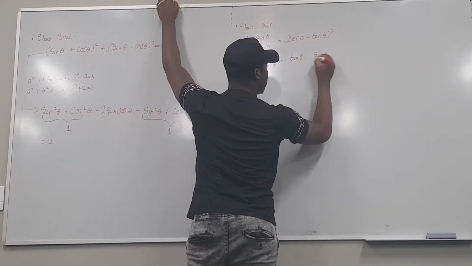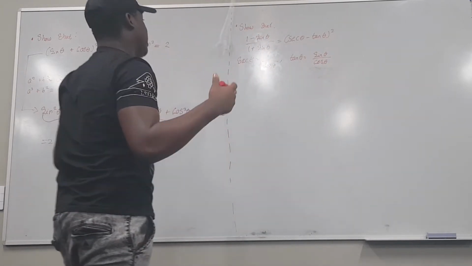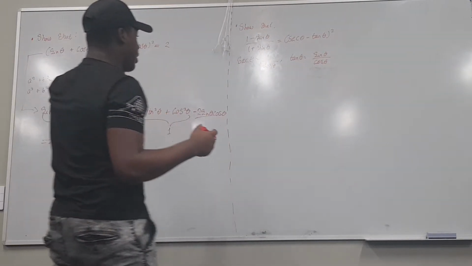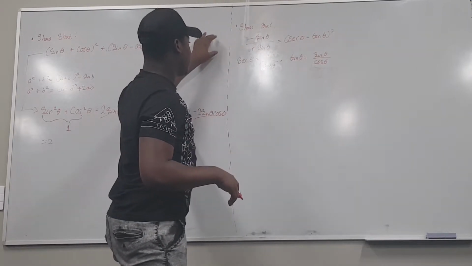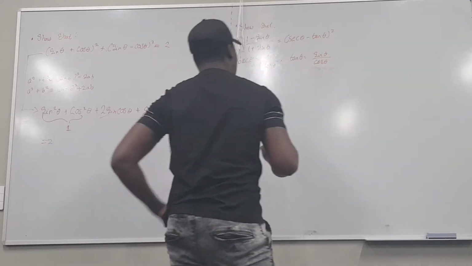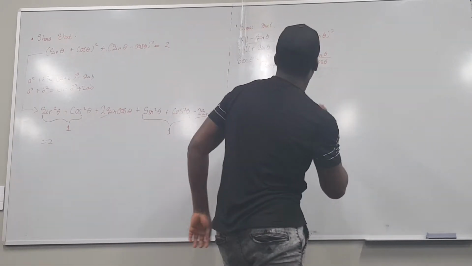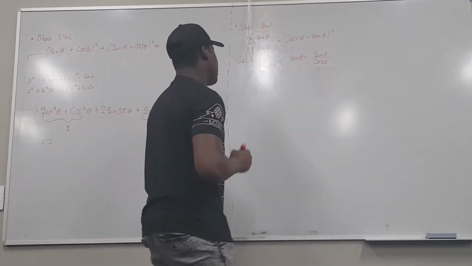This is what I can do. So what's the idea? The idea is that the left-hand side of the equation is in terms of only sine, so I want to turn every single part of the right-hand side into sines as well.